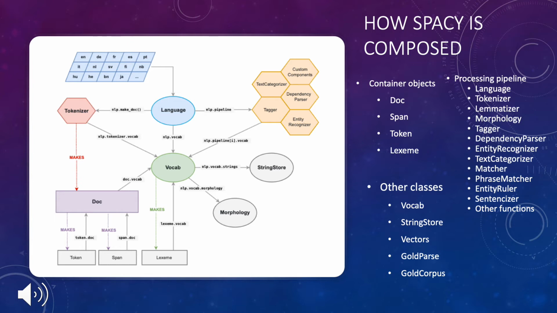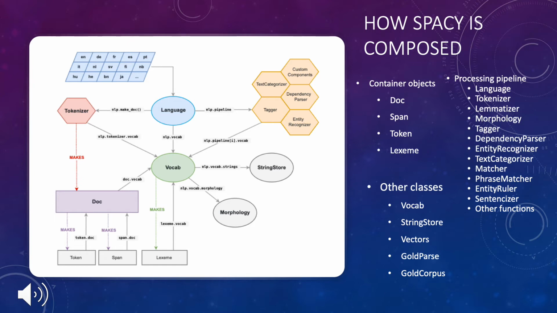Sentencizer implements custom sentence boundary detection logic that isn't dependent on the dependency parse. Other functions can be applied depending on the size of the application and how in-depth the example must go. The other classes that are present are vocab, string store, vectors, gold parse, and gold corpus. Vocab is a lookup table for the vocabulary that allows you to access the objects in lexeme.